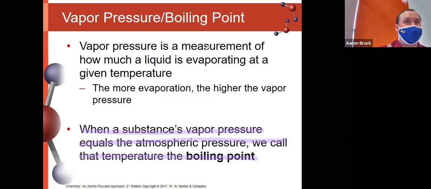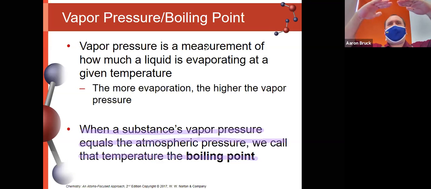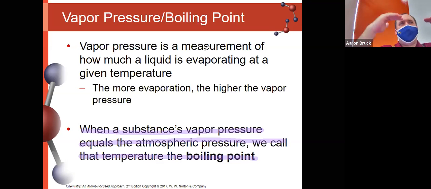Now, some temperatures are more prone to it than others, but it happens at all temperatures. You set out a jar of water right now, I guarantee you some of it will have evaporated by the end of the hour. That's not the same thing as boiling, though. In order to get boiling, I need to have the vapor pressure match the atmospheric pressure, and whatever that temperature is, that's the boiling point.